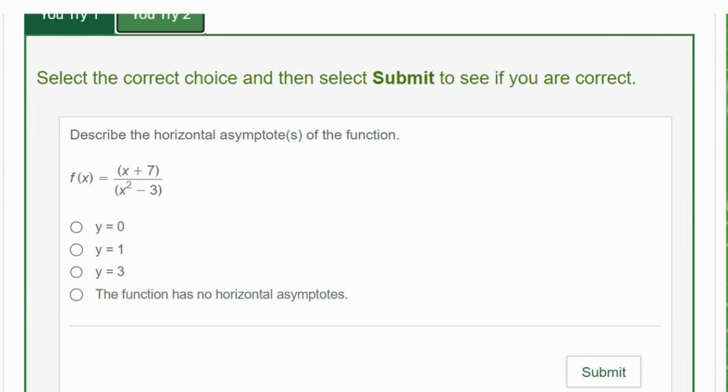So what is it for this function? x plus 7 divided by x squared minus 3. No factoring needed with this one. This is where you compare the degree of the numerator to the degree of the denominator. Which one is bigger?